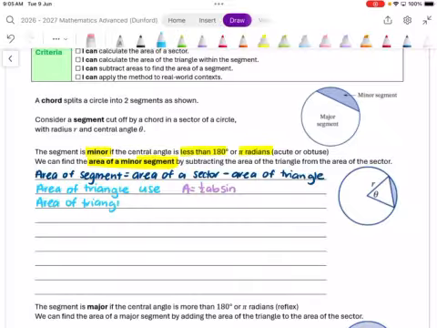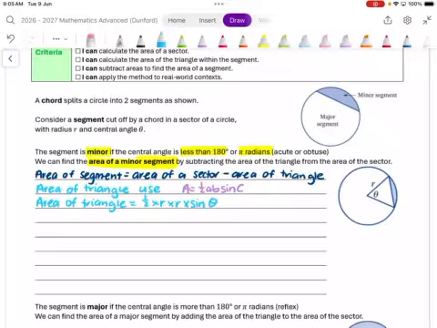is going to equal a half times, well, our a and our b are our radiuses. So it's going to be a half times our radius times our radius times sine C, so sine theta. Okay, so we have our angle in the middle as our C, and our two sides are our radiuses.